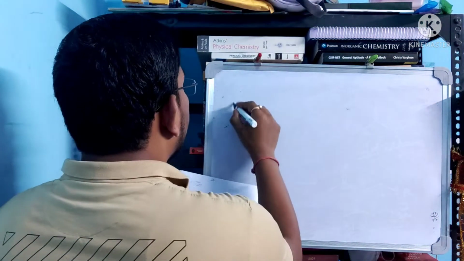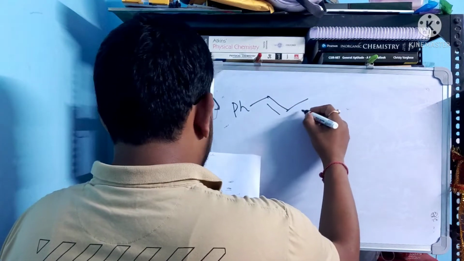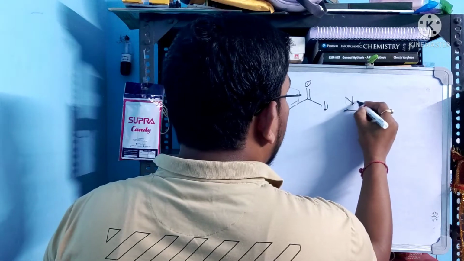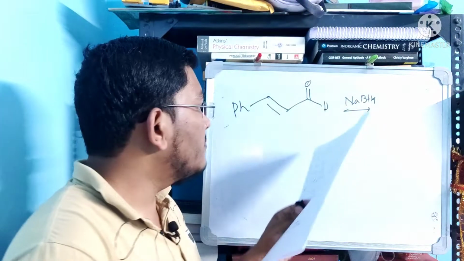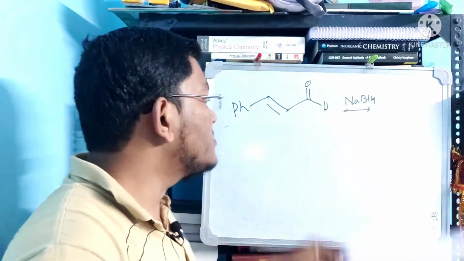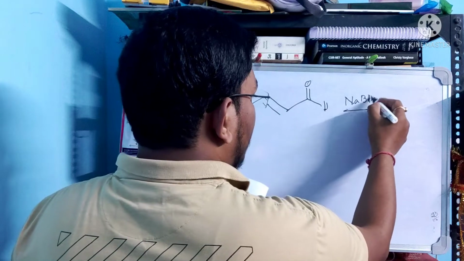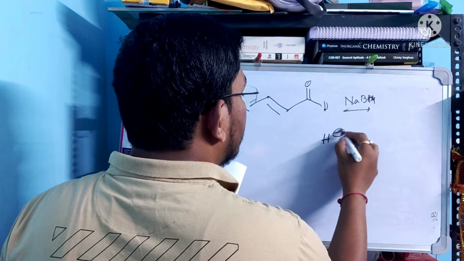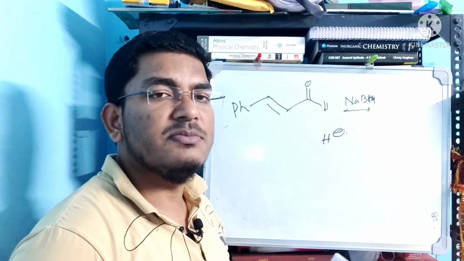Now, phenyl, NaBH4. I did not go through the overall mechanism of this kind of reagent. Simply we can say that this NaBH4 gives a hydride. It's a reducing agent. Hydride is a small nucleophile, charge density is maximum.